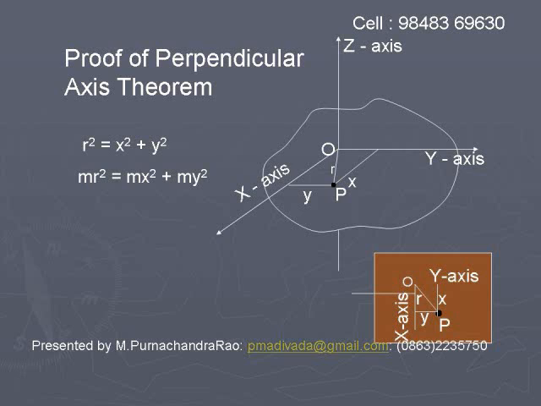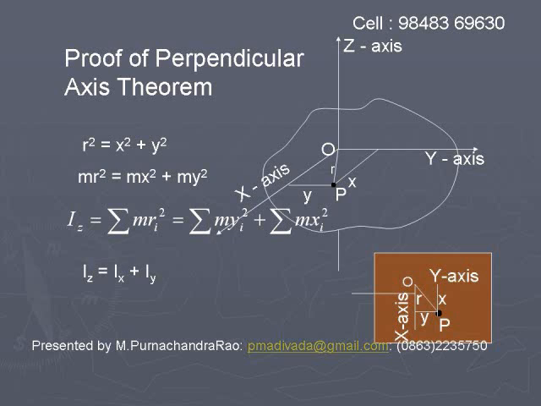Iz is equal to sigma mri square, that is equal to sigma m into x square plus y square, that is equal to sigma mx square plus sigma my square.